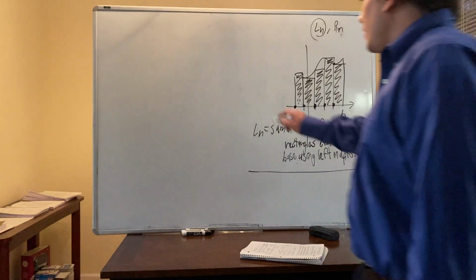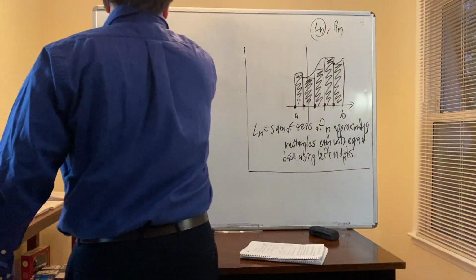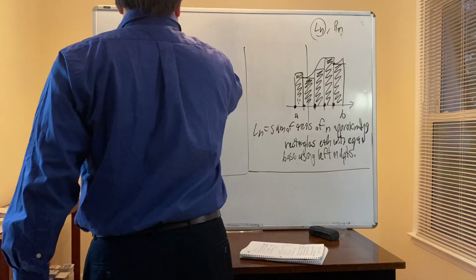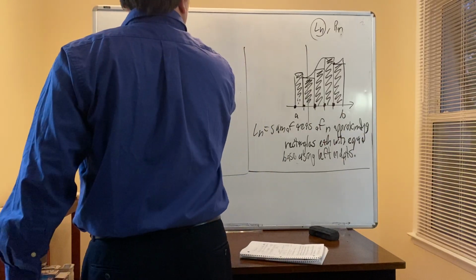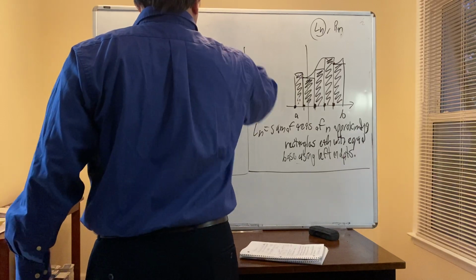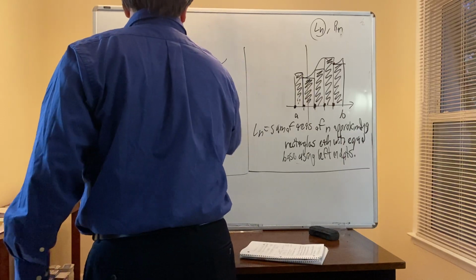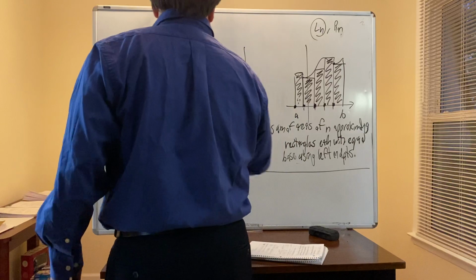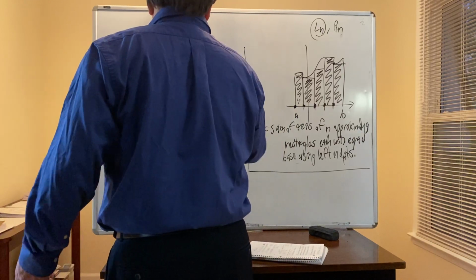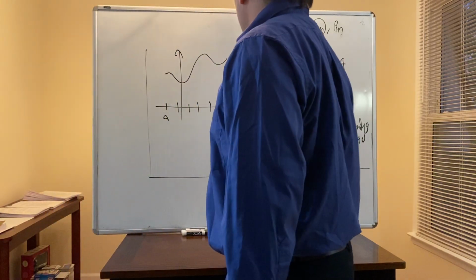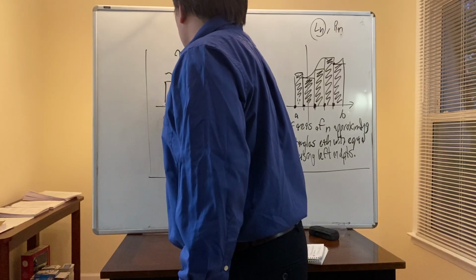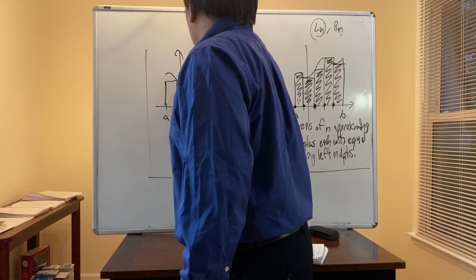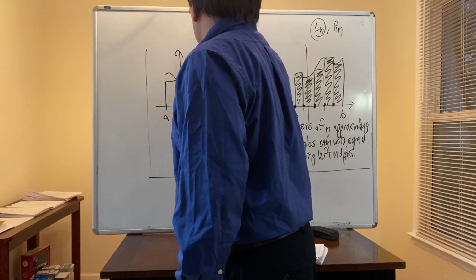Okay? And then R sub n, I'll draw the picture here. So you have the same, try and draw it the same way. You have this graph, okay? You have the interval from A to B, and then you have n equally spaced subintervals, but now you use the right endpoint to determine the height of each approximating rectangle.